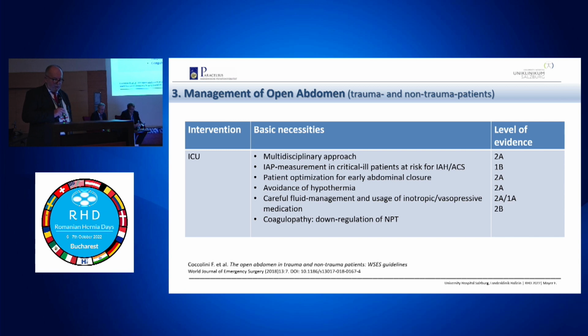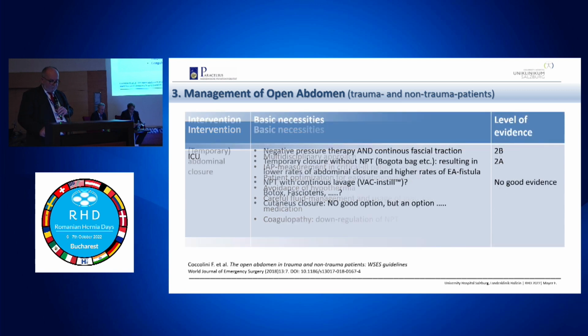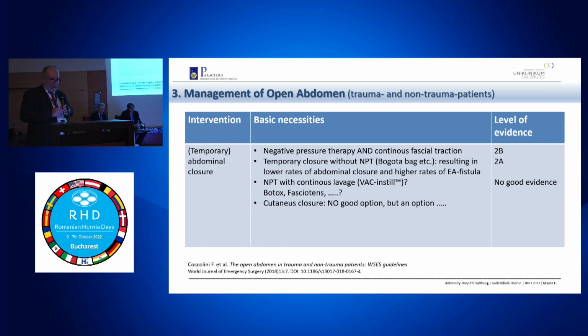You have to avoid hypothermia, you have to create your fluid management in a careful manner, and if you have coagulopathy, it's mandatory to downregulate your negative therapy. Nowadays, negative pressure therapy is the most important part of treating these patients by a temporary abdominal closure.